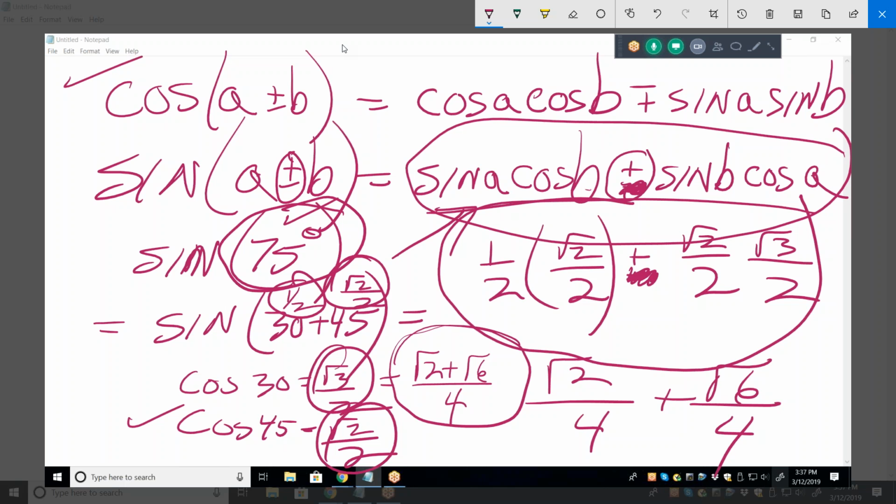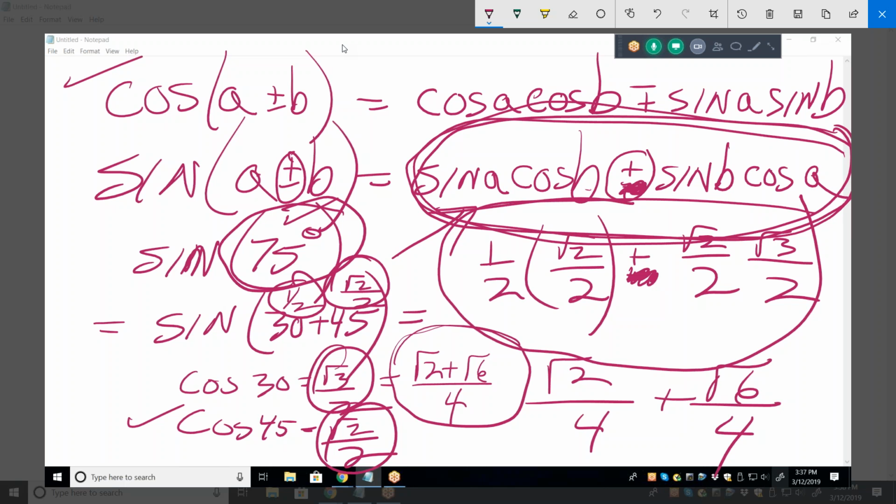Because whatever two angles you make this, and it can be subtracted, it could be 90 minus 15, but 30 plus 45 makes a lot more sense because you know what the sine of 30 is, you know what the cosine of 30 is, you know what the sine of 45, and you know what the cosine of 45 is. And you have to know all four of those things to fill in the sum.